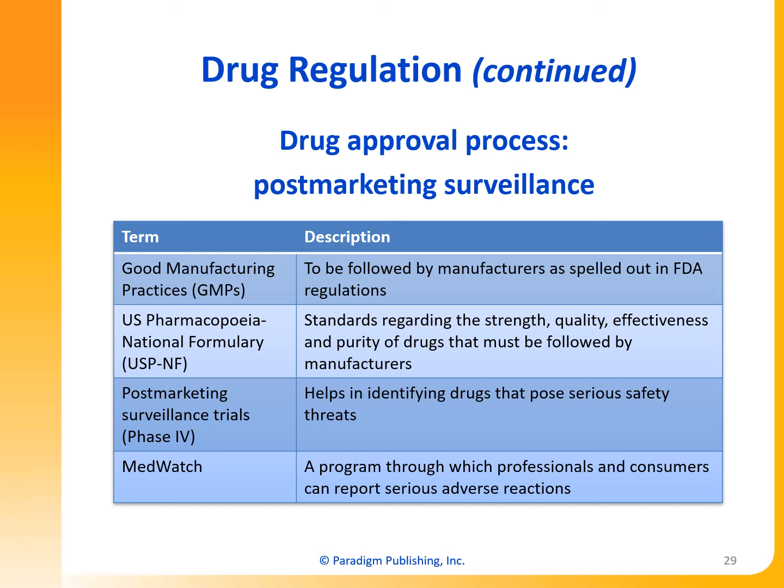Good manufacturing practices are at the top of that list, and that's what they implement in the sterile compounding room. The U.S. Pharmacopoeia National Formulary sets the standards regarding the strength, quality, effectiveness, and purity of drugs that must be followed by manufacturers.